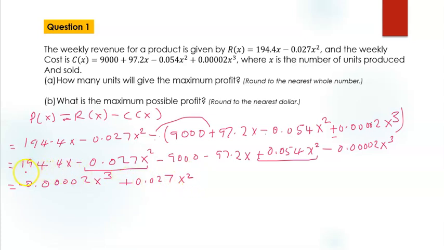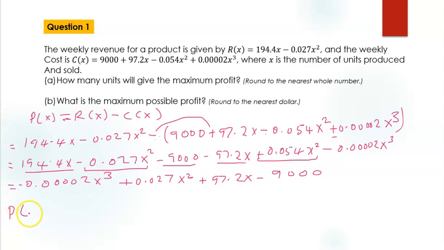Then we come to 194.4x minus 97.2x, you get positive 97.2x. And the minus 9,000 has no partner, so it remains as minus 9,000. So that is our profit function.